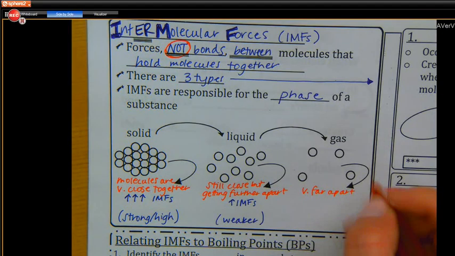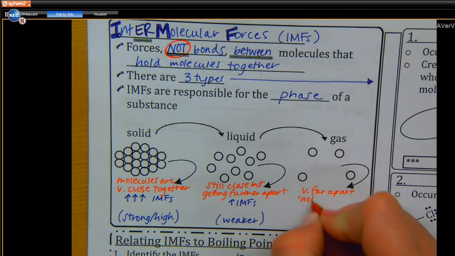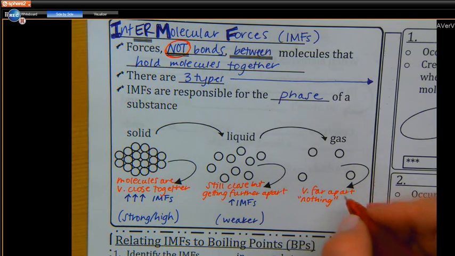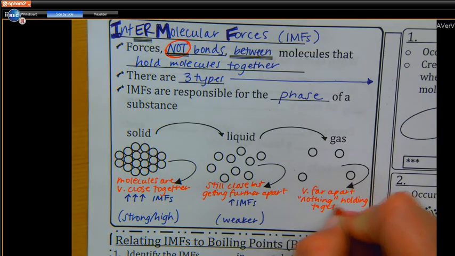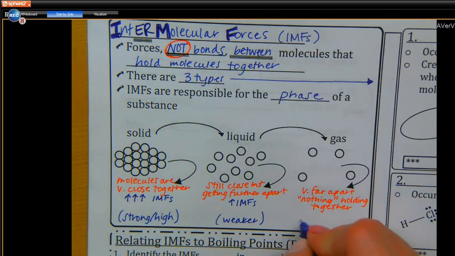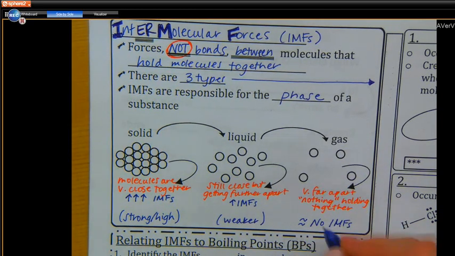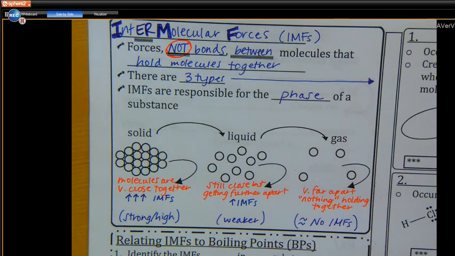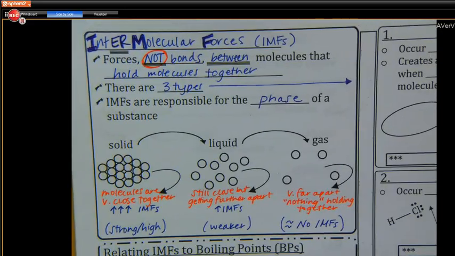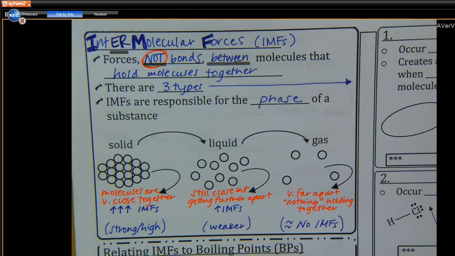When we go from liquid water to steam, gaseous steam, or boiling, we are breaking those IMFs. Okay? So that's what intermolecular forces are, kind of the general bit about them.